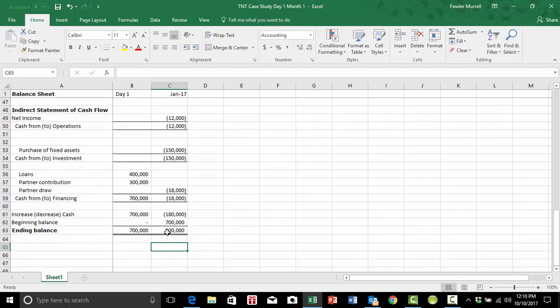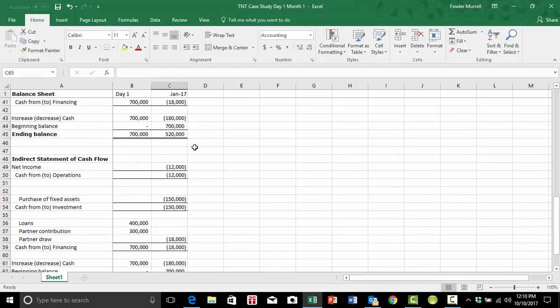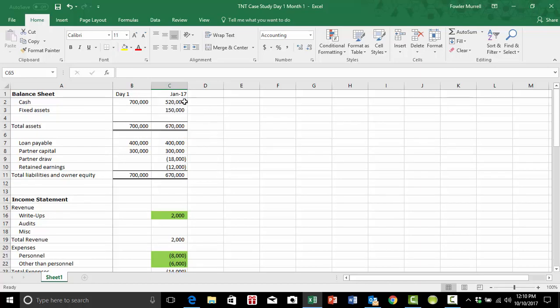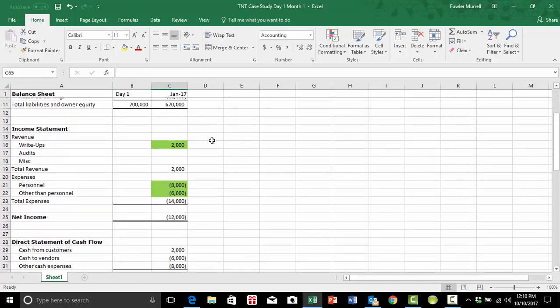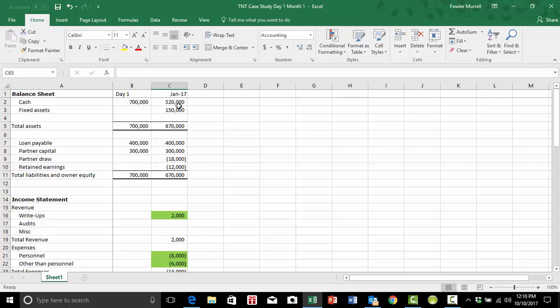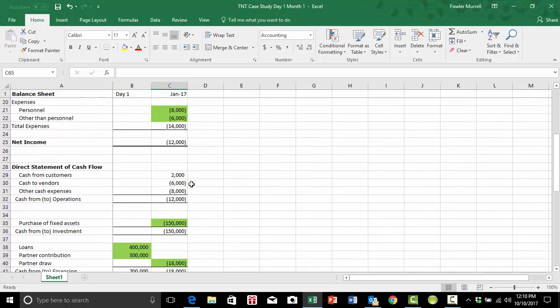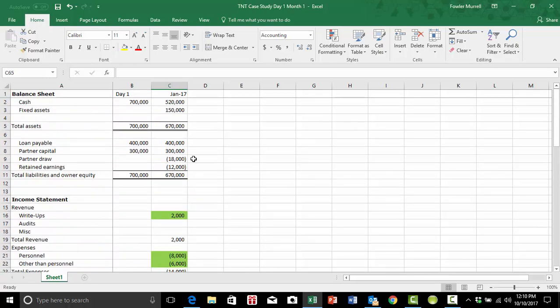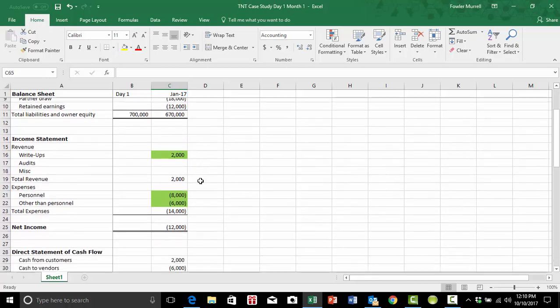Cash in this statement will equal cash in this statement will equal cash in the balance sheet. So it looks like for the rest of the month we have completed our balance sheet, our income statement, statement of cash flows, and if you compare these numbers with the numbers that we got when we set up our Peachtree Company, you see they are the same.